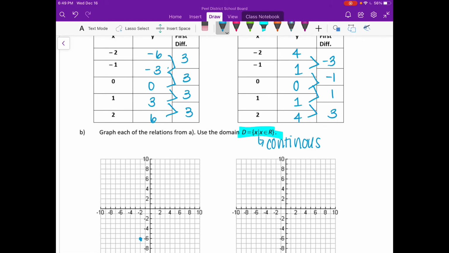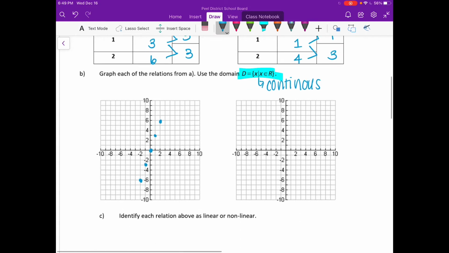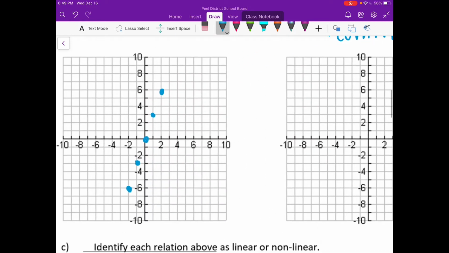So I'm going to go down. -1 and -3. 0, 0. +1 and 3. So that's 2, this is 3. And then 2 and 6. And of course you're going to use a ruler, so yours will look nicer. But it's going to look something like this.